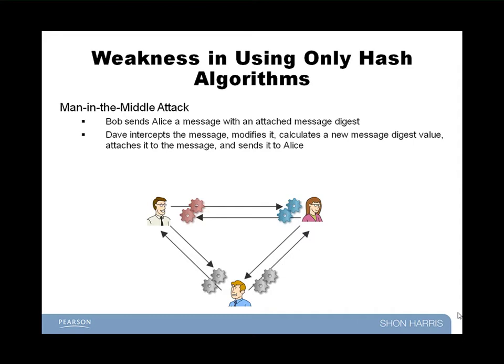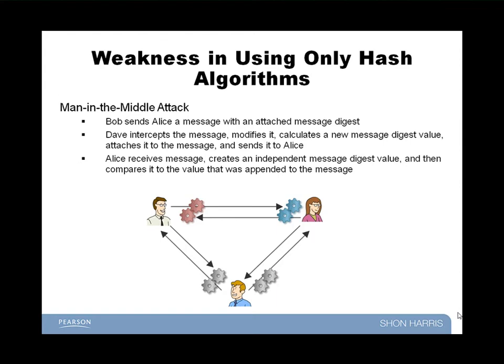Bob sends Alice a message. He runs the message through a hashing algorithm and creates his own message digest value. He sends the message over to Alice, but Dave grabs it before it gets to Alice. Dave will change that message, create a new message digest value, and send the message and the new message digest value over to Alice.